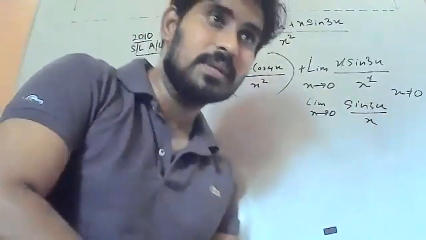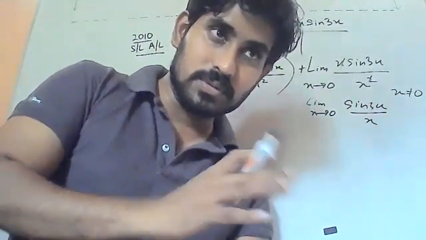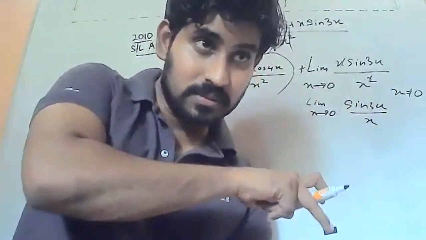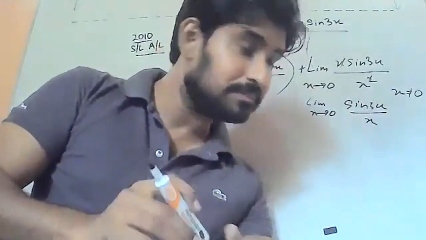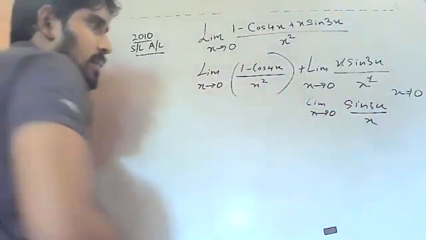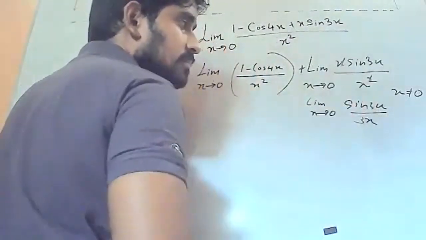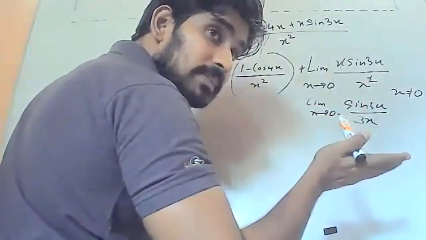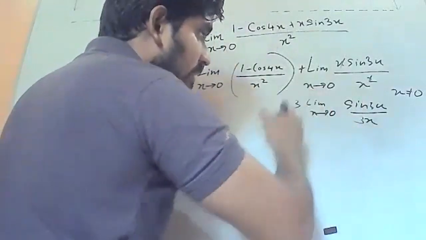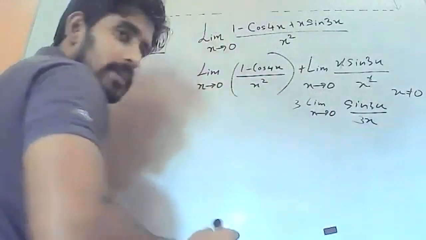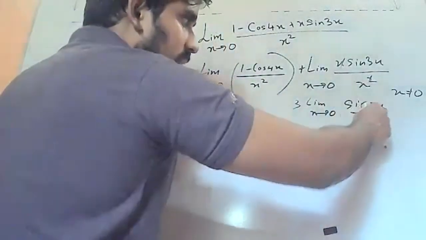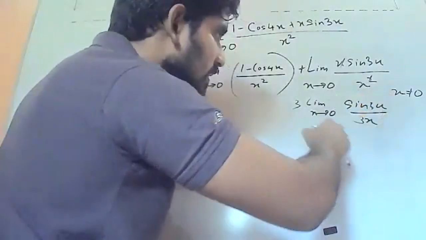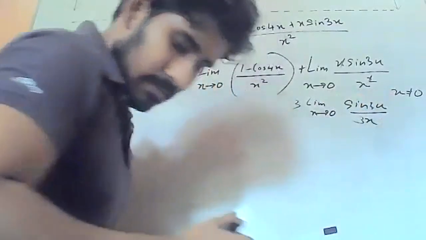But there is a problem. The formula is for sin theta divided by theta when theta tends to 0. That will be easy. Just put 3 there: if you are including 3 downstairs, you need to put another 3 upstairs in order to balance. The next problem: sin 3x divided by 3x, but can you say it goes to 1 when x goes to 0? Let me teach you that.